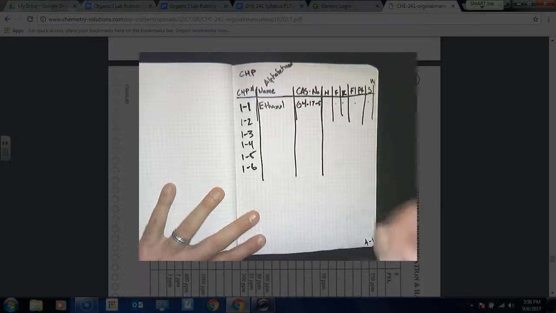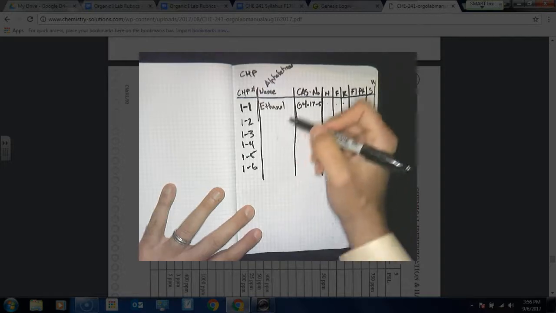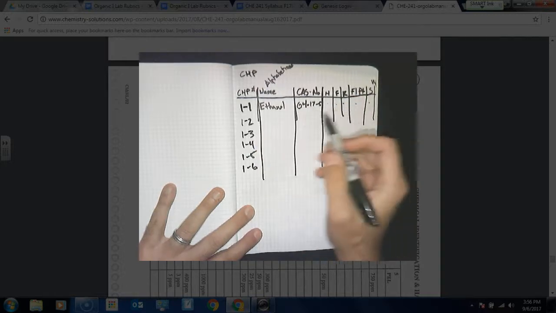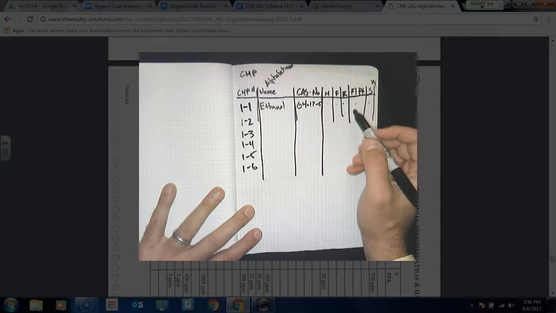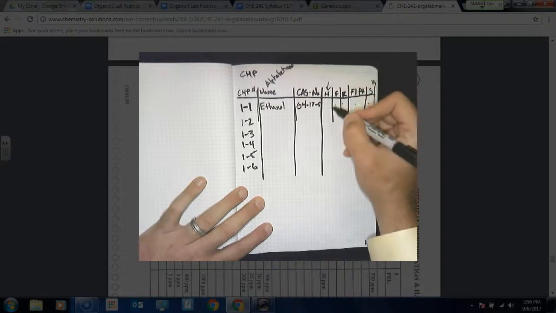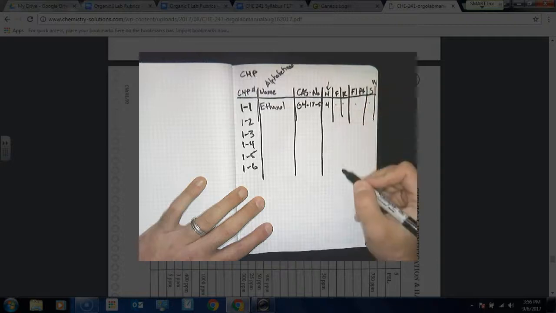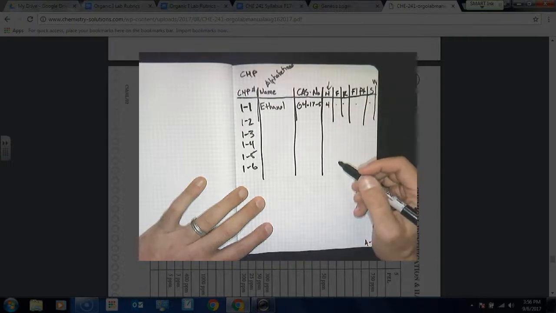Okay. Now again, I want to make sure that you understand why we're doing this. We're doing this so that you have some idea of what the chemicals that we're using are, or how dangerous they are. If this has a health, and this is a 0 to 4 scale, if this has a health of 4, okay, then that's pretty dang dangerous.